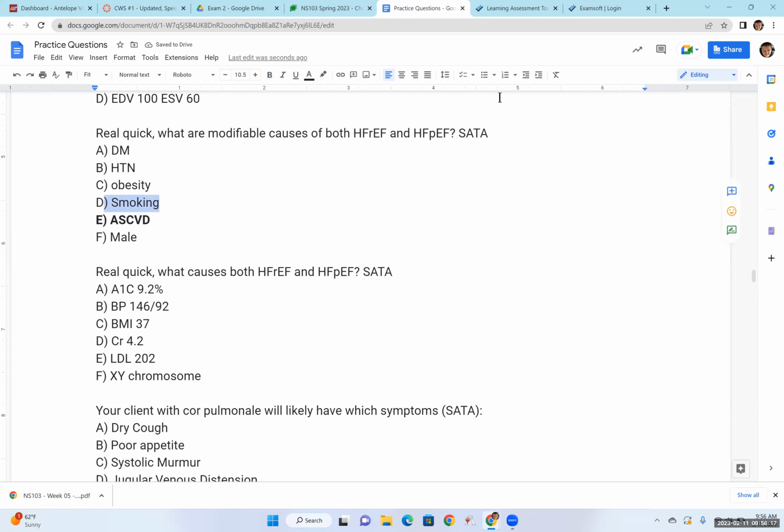Yes, you can even put vaping in there. And then obesity is modifiable for the most part. Hypertension is modifiable for the most part. There are non-modifiable versions. And diabetes, I have to be more specific. We put DM2, right?